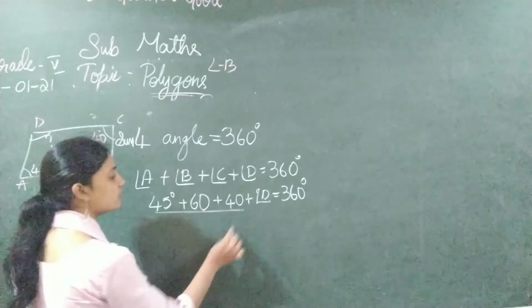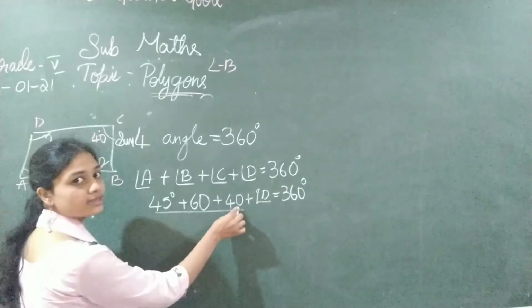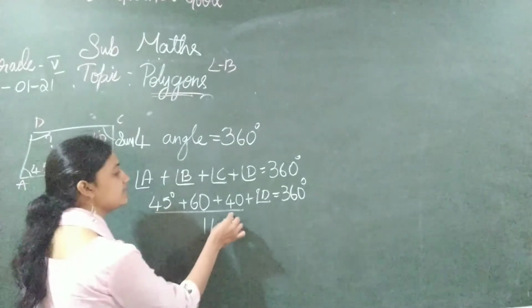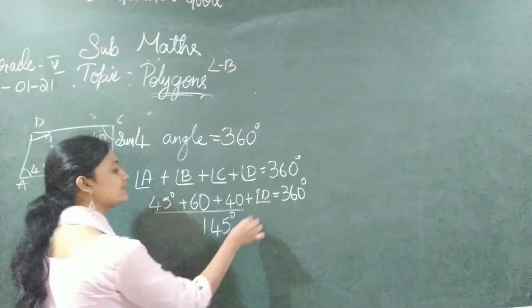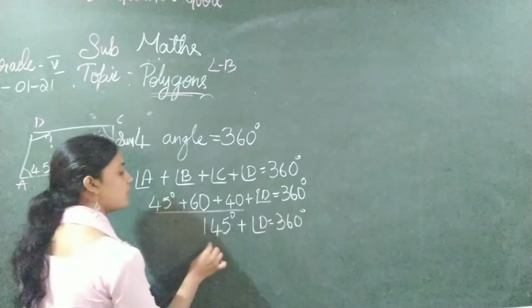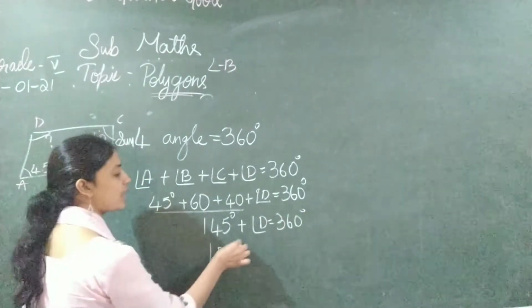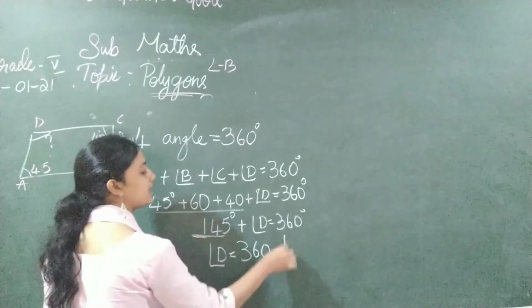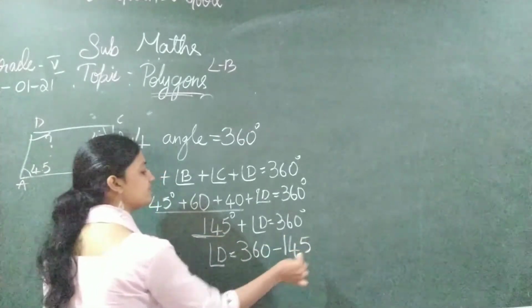Now what is the sum of all these? 60 plus 40 is 100. 100 plus 45 is 145 degrees. So 145 plus D should be equal to 360 degrees. Now how to find D? You have to subtract 145 from 360.